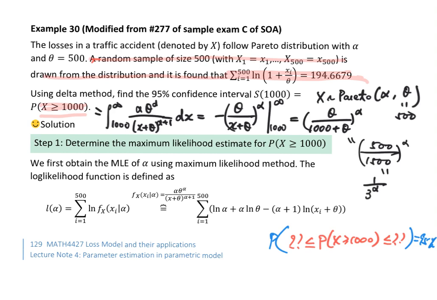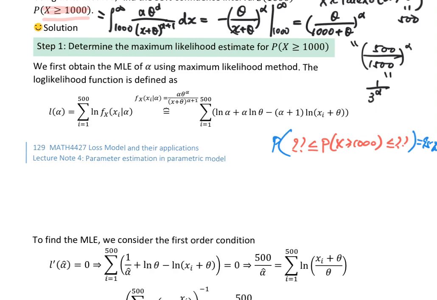So how do we do this? Let us first sketch the outline of our solution procedure, to get a picture of what we should do. First of all, according to our earlier calculation, this probability is equal to 1 over 3 to the power alpha, which is a function g(alpha).